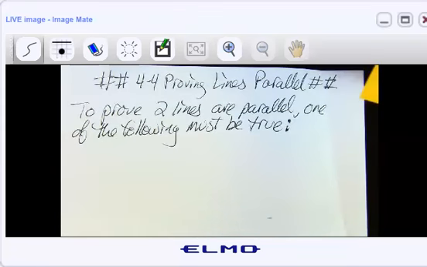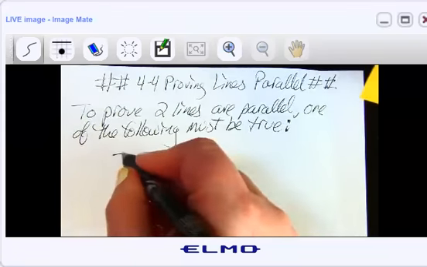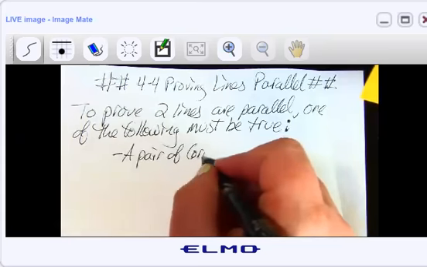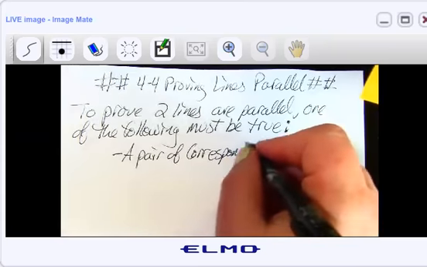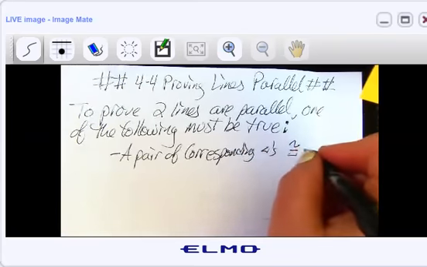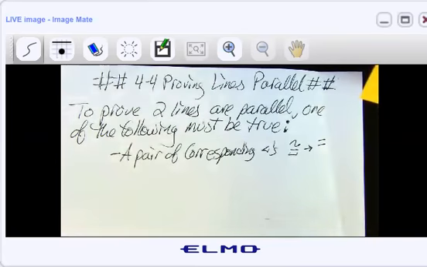So your first option is to show that you have a pair of corresponding angles congruent, which remember, congruent just means equal. If you can show me that you really do have corresponding angles and they have the exact same measure, that means you have to have parallel lines. There's no way to have corresponding angles not be equal if the lines are going to be parallel.